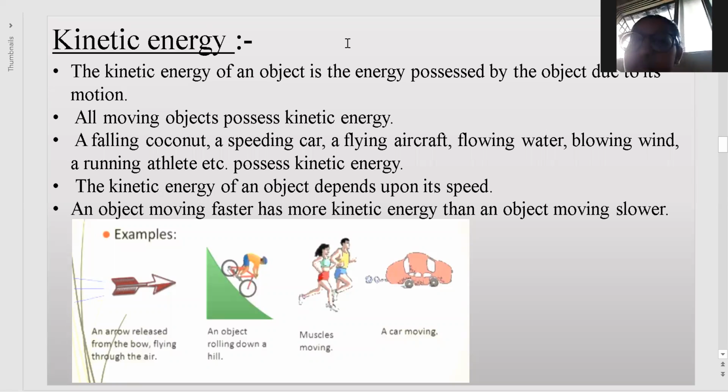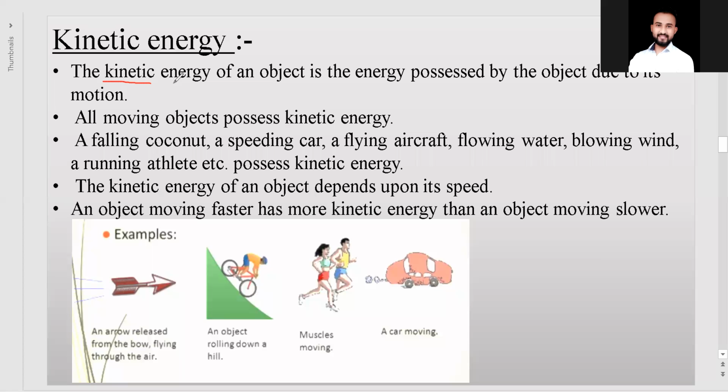Now what do we mean by kinetic energy? The kinetic energy of an object is the energy possessed by the object due to its motion. Means if anything is in motion, it possesses energy, and that energy is known as kinetic energy.